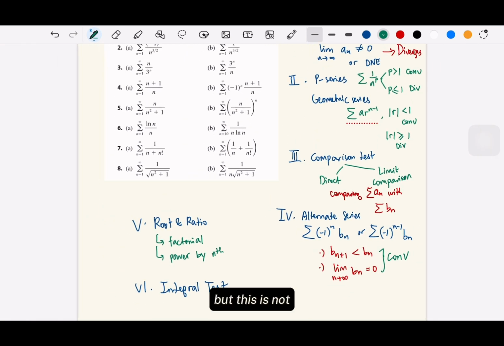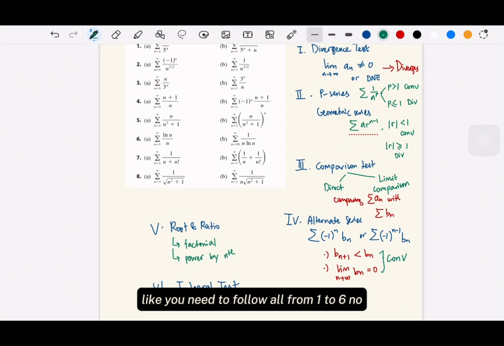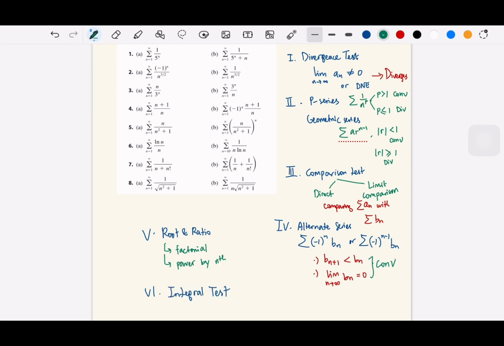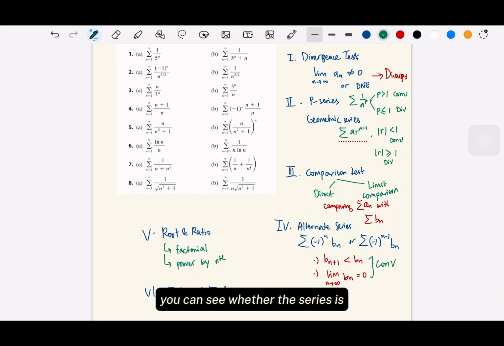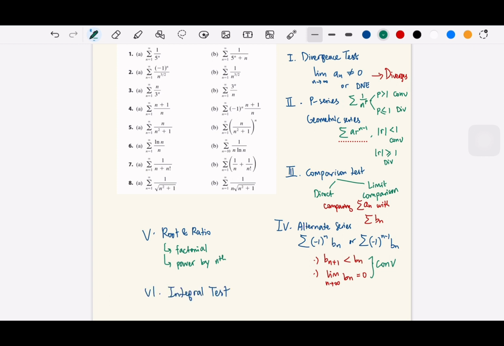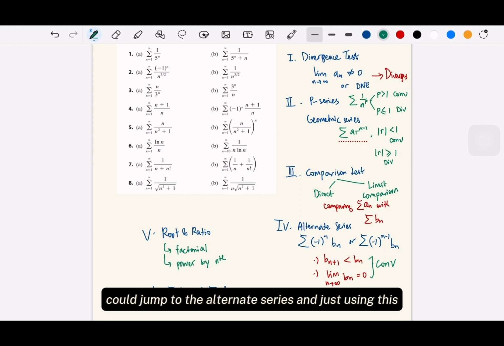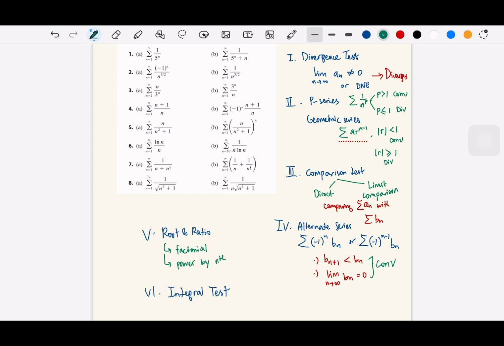Okay. But this is not like you need to follow all from 1 to 6. No, but I think you can first try the divergence test. If you still don't get a conclusion, you can see whether the series is in the simplest form like a P series or geometric. If not, then look at the series. If it already has a (-1), you could jump to the alternating series test.